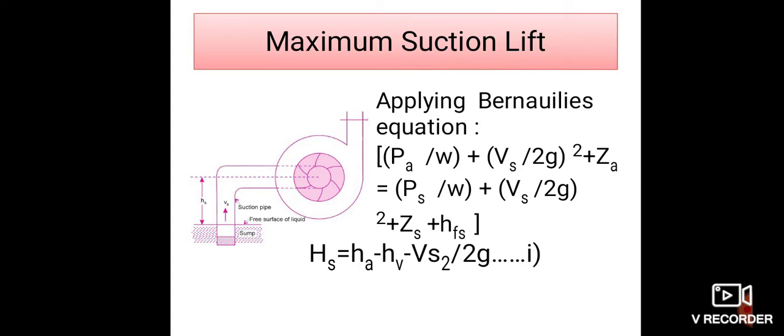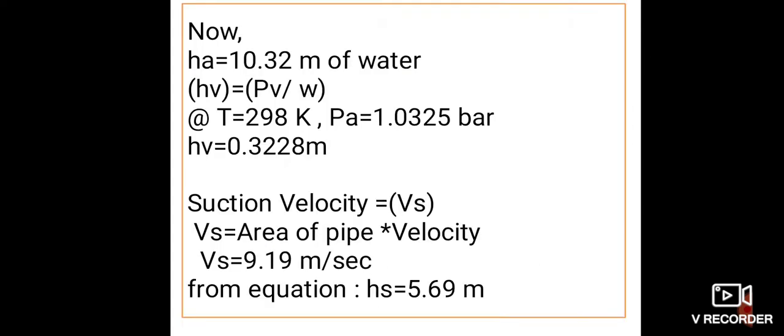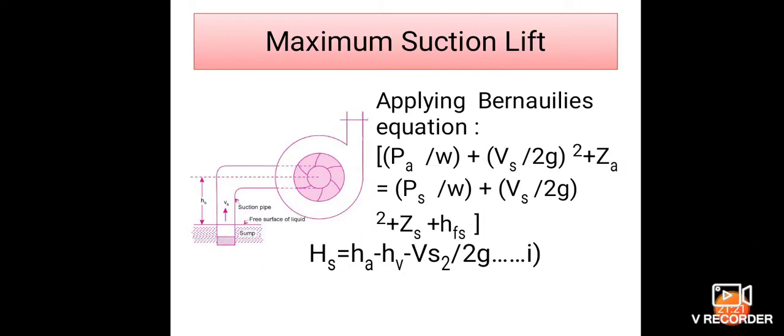If you apply the assumptions, at the initial stage the datum head at the inlet becomes 0. Initially we neglect the velocity at the sump level, and only consider the velocity at the outlet, which we can call the suction velocity.